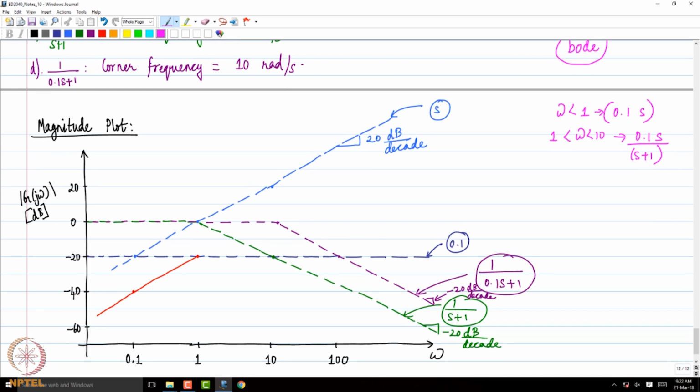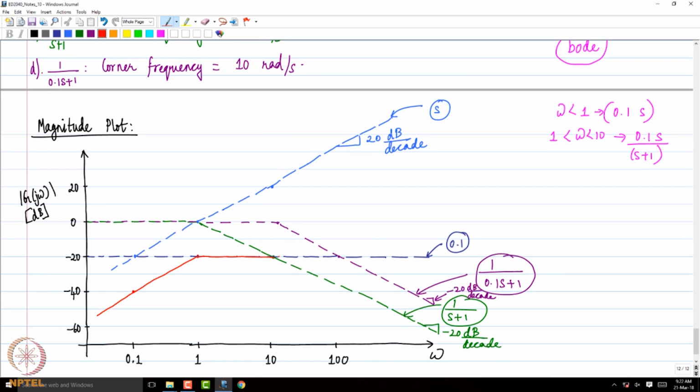So my magnitude will remain constant at minus 20 decibels till I reach the corner frequency of 10, right. I hope it's clear how we got this.